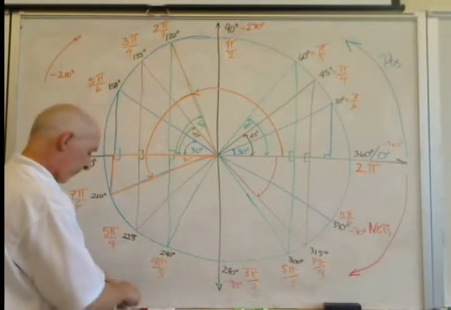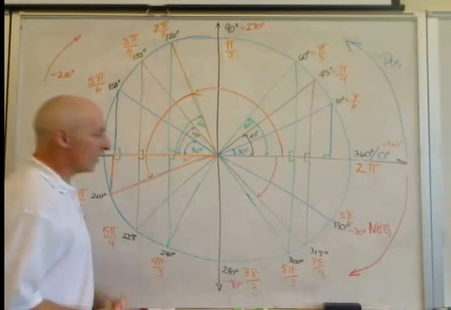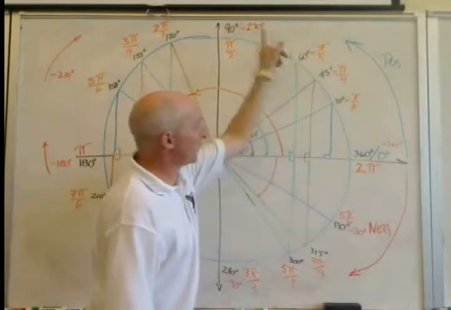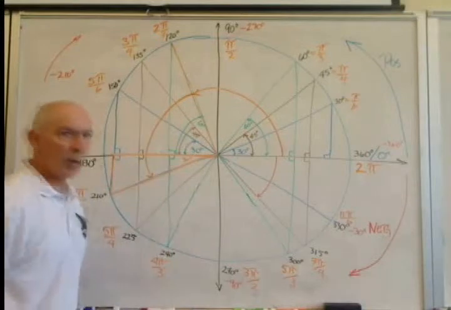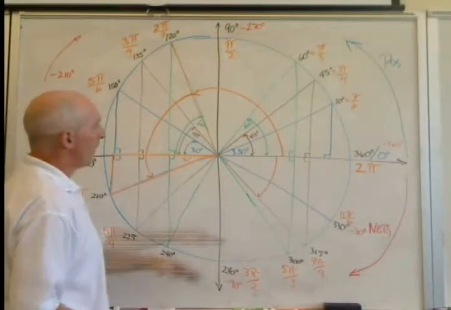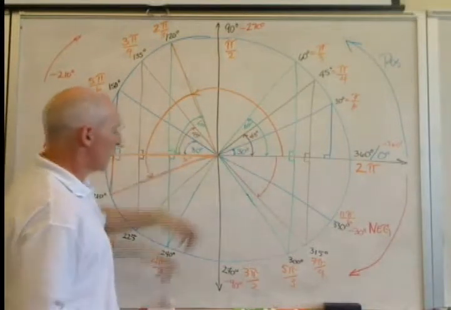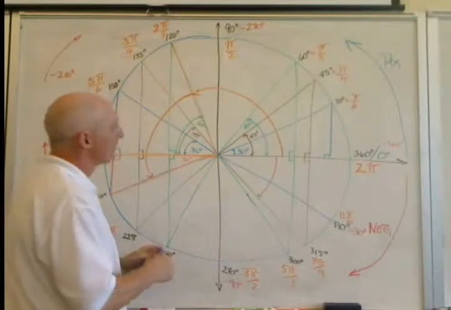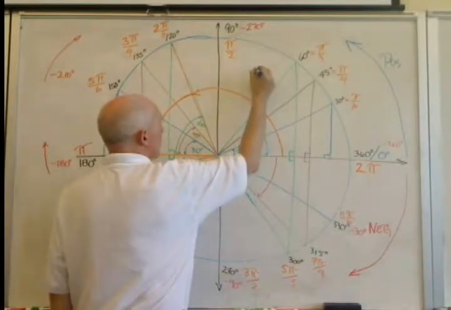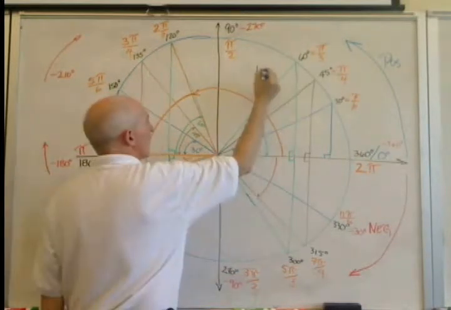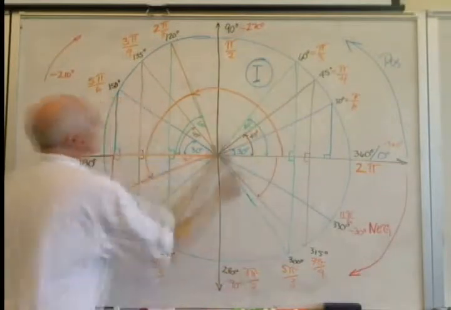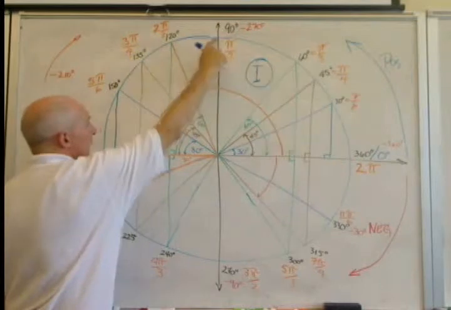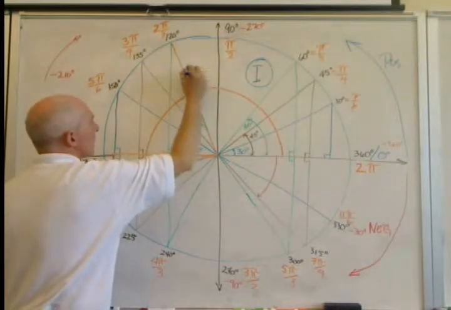When we start to think about these and reference whether we're going in a positive direction or a negative direction, we need to know about which quadrants we're in. And remember, this is the Cartesian coordinate system. There are 4 quadrants. This is always the same, no matter whether we're moving in a negative direction or a positive direction. This is quadrant 1, from 0 degrees to 90 degrees. This is quadrant 2.